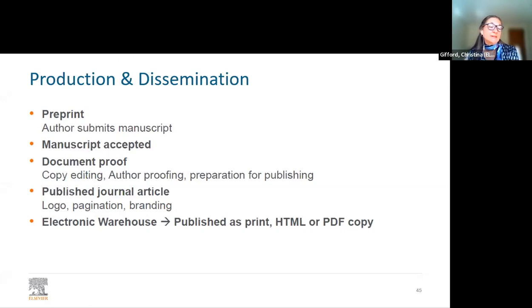And then it's also posted onto our electronic warehouse. Some of our journals are still published in print, but the vast majority are online now. Now, preprints are submitted manuscripts that are prior to all of these changes and actually prior to reviews.